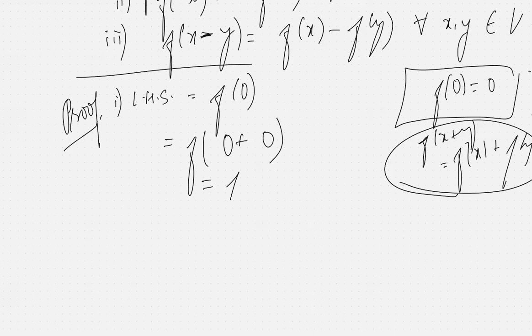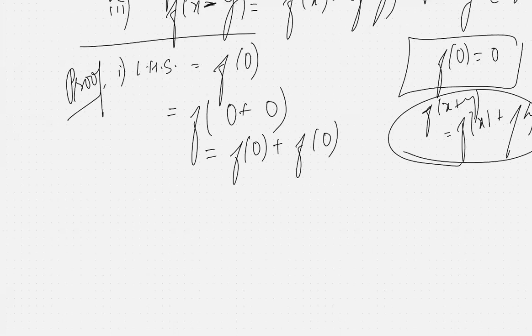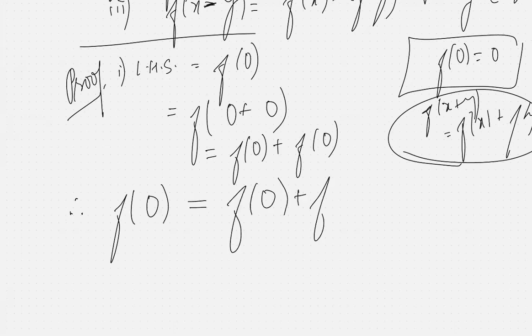So see now, we have arrived at a situation where f of 0 is equal to f of 0 plus f of 0. I know this is an obvious thing, but that's how we prove in algebra. Now the next step should obey some rule of algebra. What can be done over here? That zero cancellation.